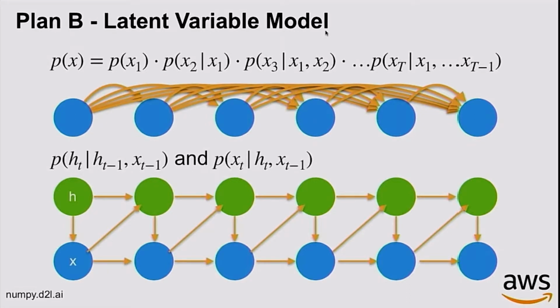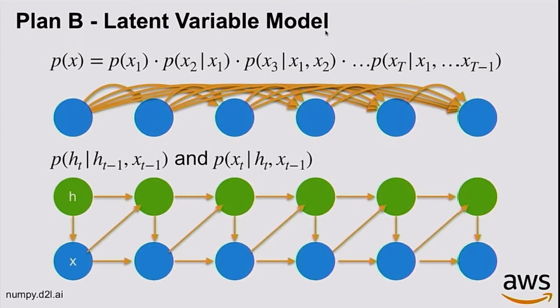Another approach is latent variable models. What is a latent variable model? We have this green node H here, which is a hidden state that we cannot observe ourselves, but it exists. We have two assumptions. First, the probability of h_t, the hidden state for the current time step, only depends on the hidden state for the past time step and the last input.